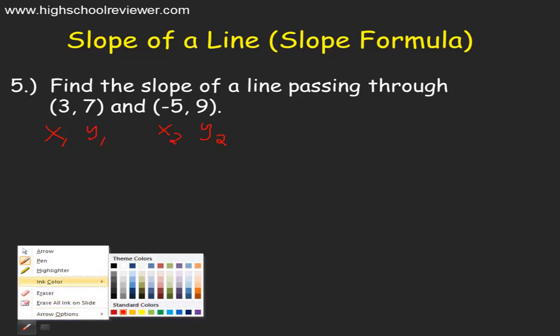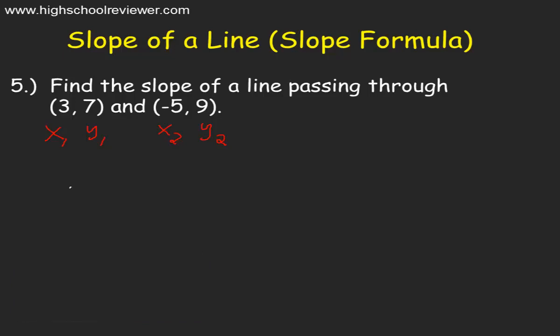We are then going to use the slope formula. The slope formula is m is equal to y sub 2 minus y sub 1 all over x sub 2 minus x sub 1.